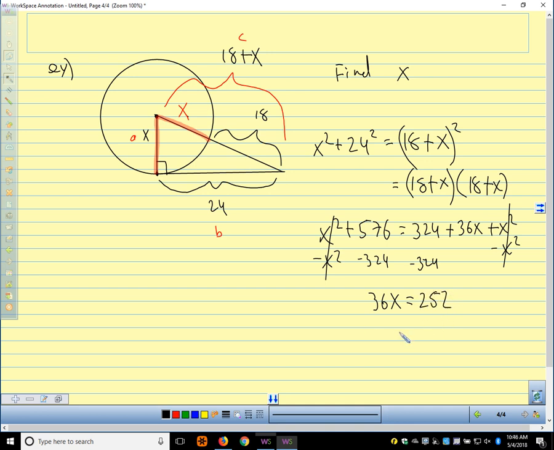Divide by 36, and I get x equals 7. All right, questions there? Okay, let's look at another example.